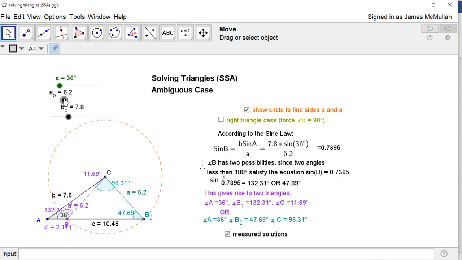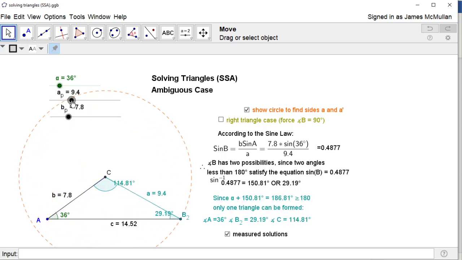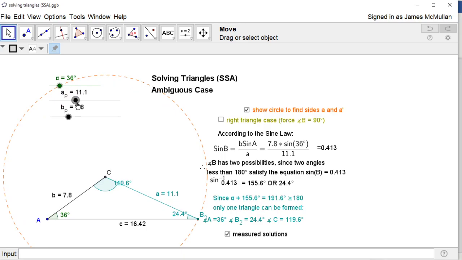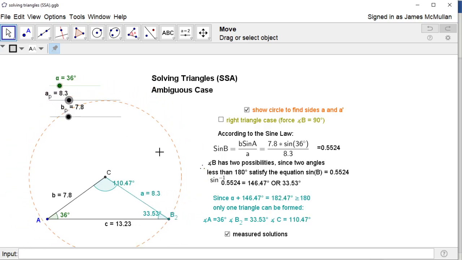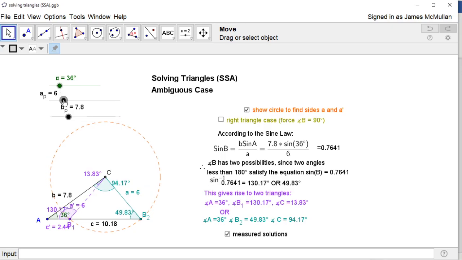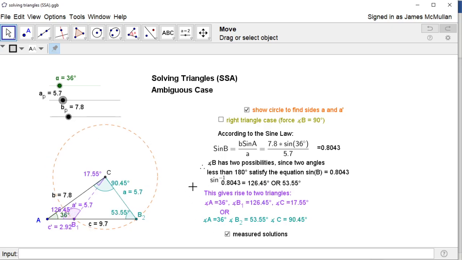And if it's greater than b, you only have one answer because the second one is imaginary. So if it's bigger than your other side, if her rope was longer than Albert's rope, then you wouldn't be able to make another one with her over here because now his angle would change.